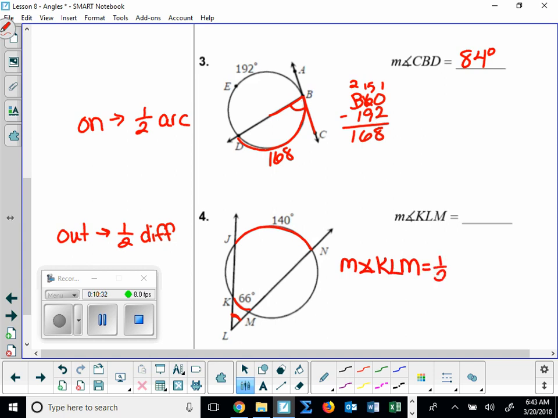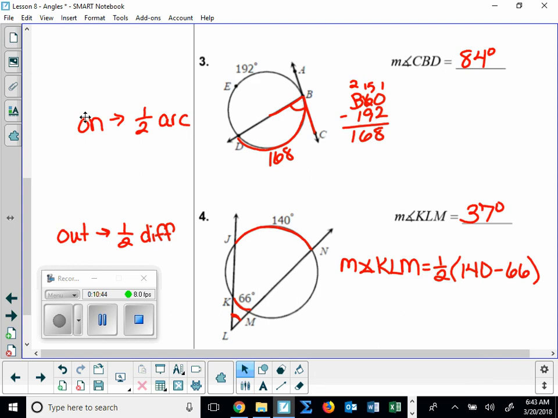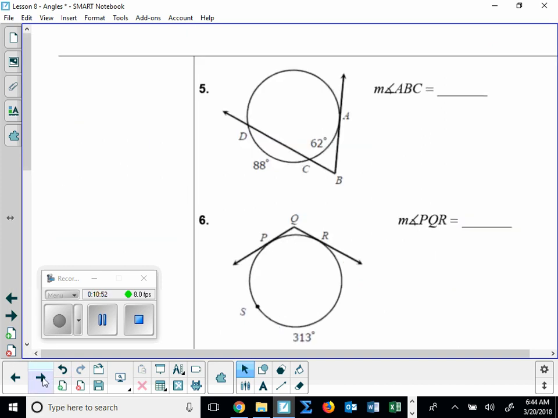Equals 1/2 my larger arc minus my smaller arc. And that should come out to 37 degrees. All right. At the top of this page, pause your video and try number 5, please.